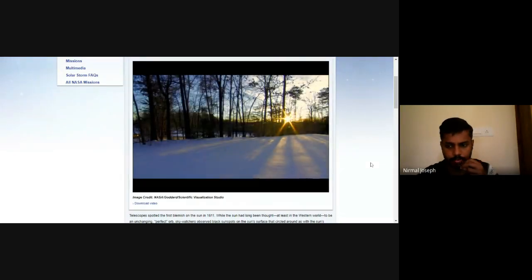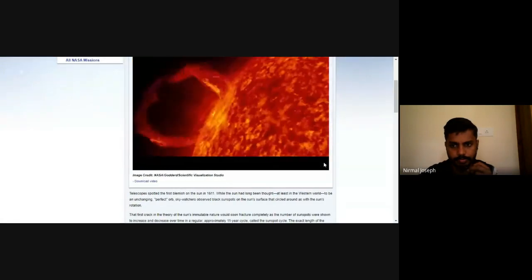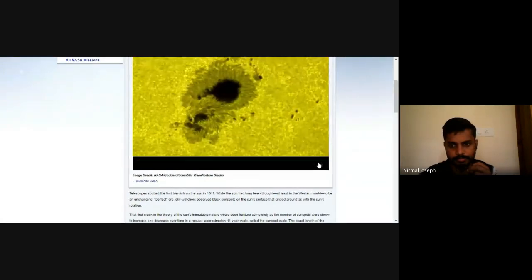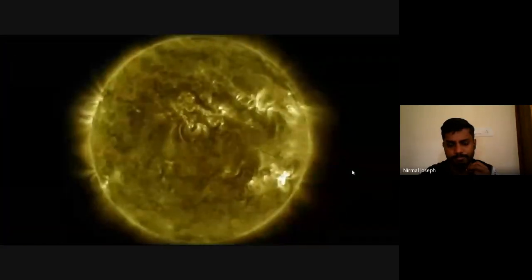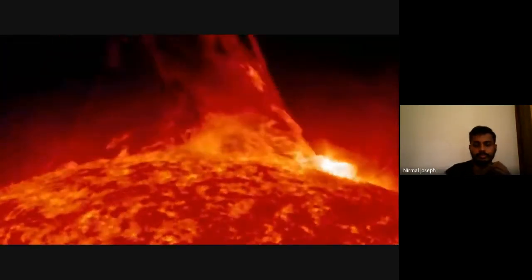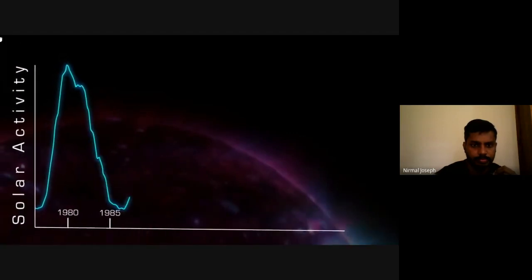When we look up at the sun from Earth, it seems calm and unchanging. The truth is quite different. In addition to these abrupt changes in activity, the sun also has a long-term, more regular pattern of change.